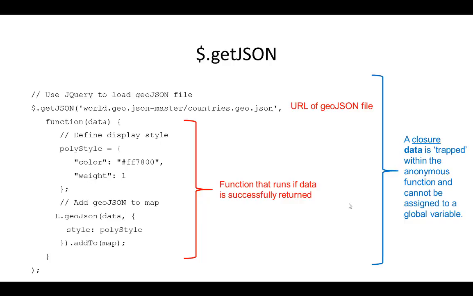So the data gets trapped within this anonymous function, and so we couldn't, say, write a global variable var data, and then within here say var global data, and then global data equals data. We couldn't get the data out like that because it's a closure.